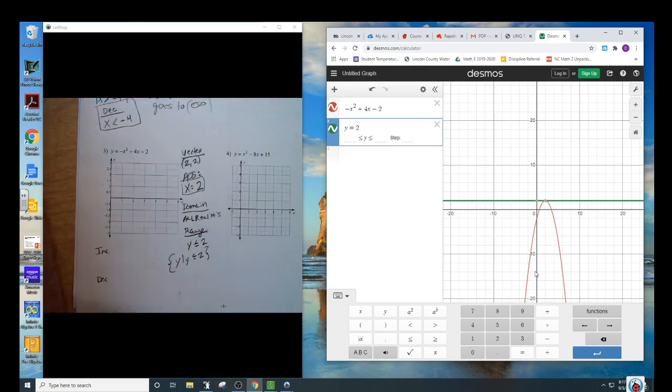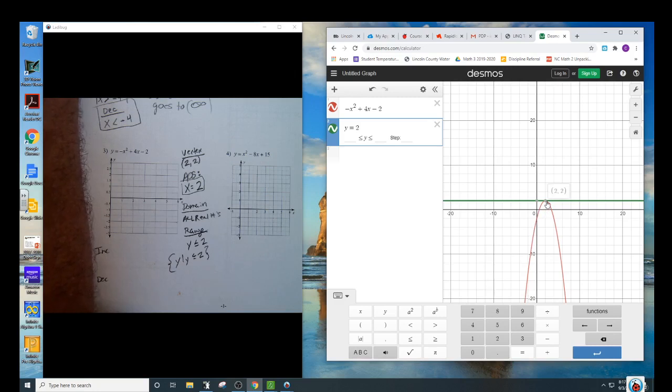Okay, intervals of increase and decrease. Guys, think about this. You read a graph like you read a book. If I'm going from left to right, I'm going on a roller coaster here. We're starting off, and all of a sudden we're going uphill. If I'm going uphill, that means I am increasing.